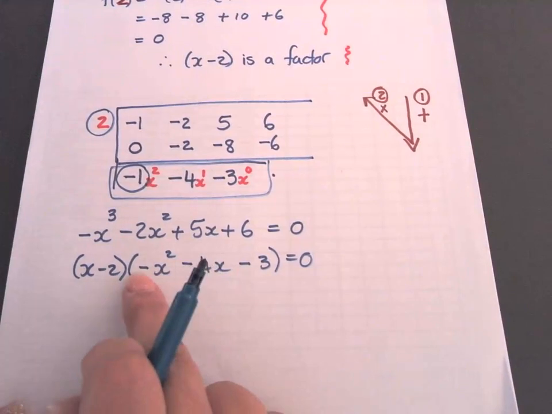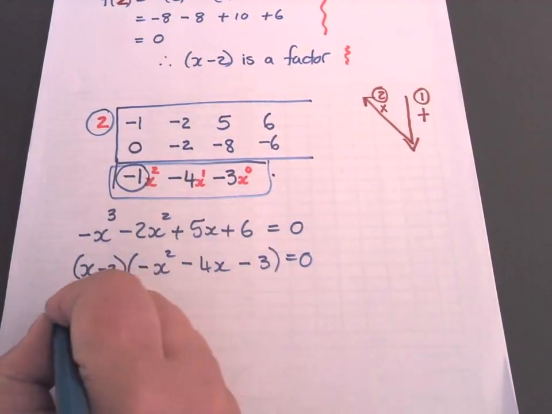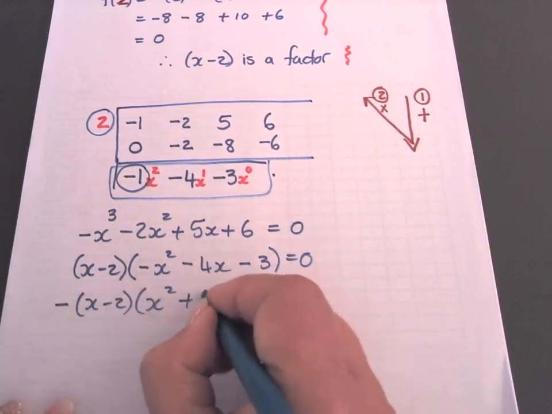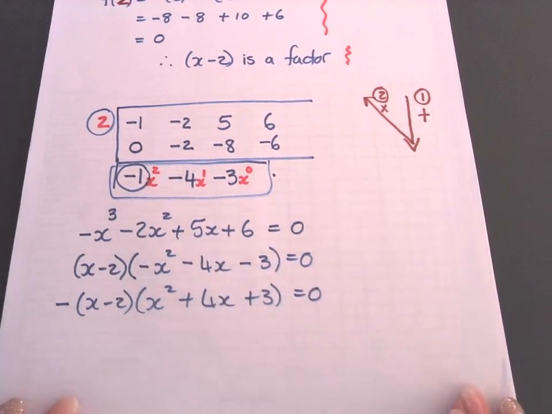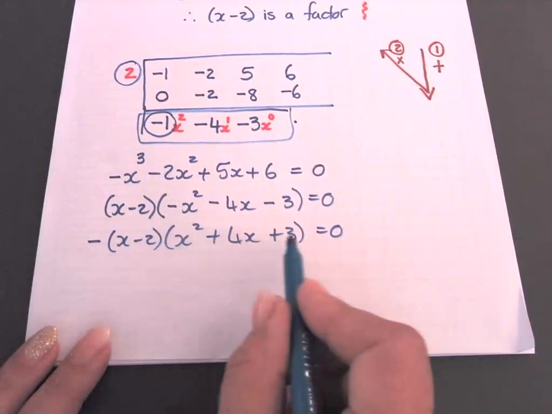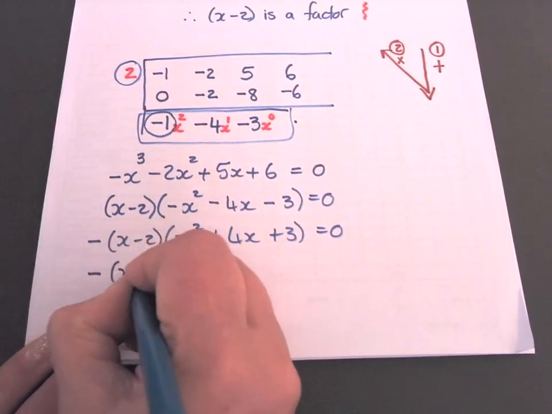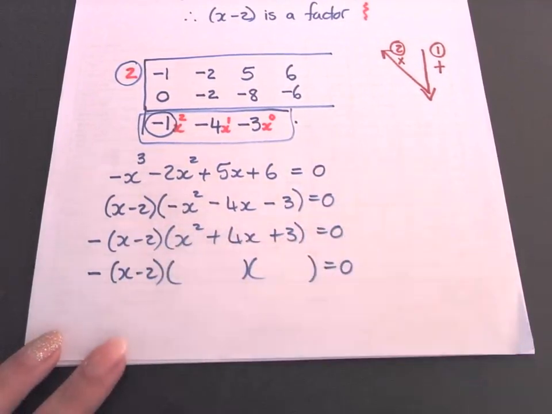Now we can take out the negative 1 here and put it in front. X squared plus 4x plus 3 equals 0. And this is a normal trinomial that you can factorize. X minus 2, 2 brackets, equals 0.